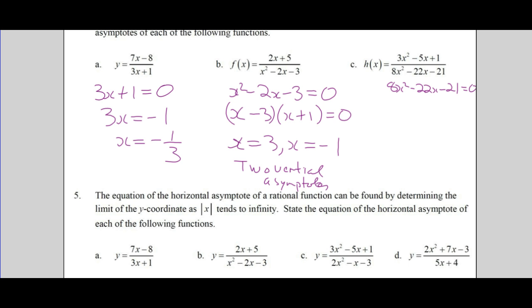Okay, put together 4, 2, 7, 3, get a 22. Minus 7 plus 3. That actually works. Amazing.